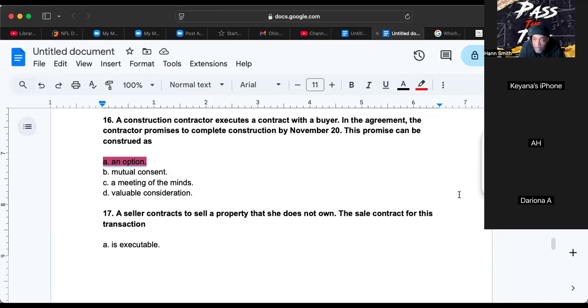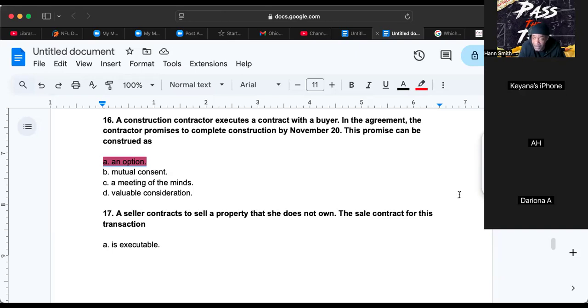Now, what is the definition of mutual consent? What is mutual consent? Both parties agree. Or offer and what? Offer and acceptance. Right. So what is meeting of the minds? Isn't that the same thing?